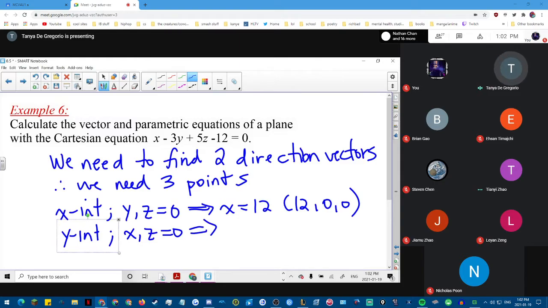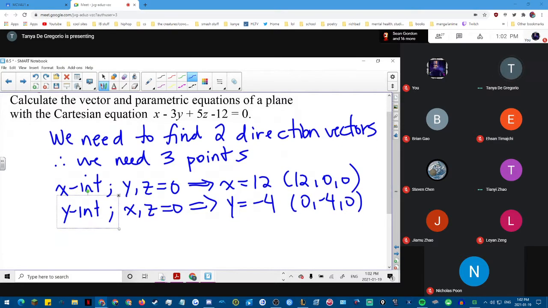And so y equals negative 4. And then to find the z-intercept, I'm going to let x and y equal 0. And so now what I have is 5z equals 12. And so z equals 12 over 5.